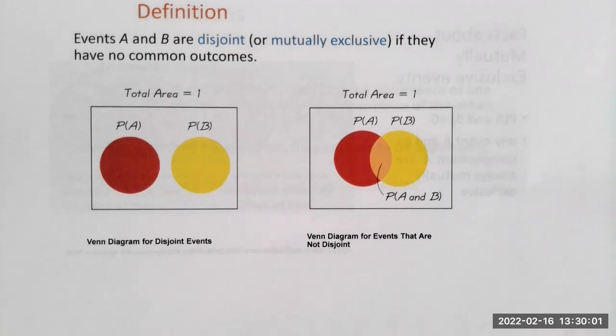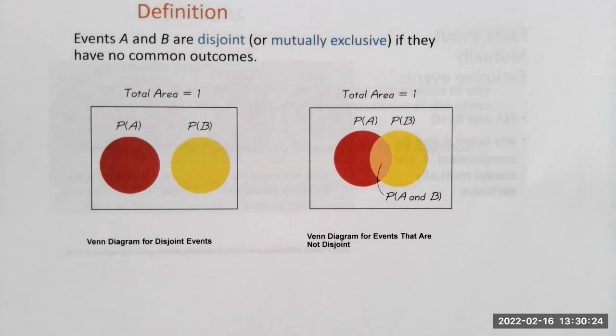So an example of two mutually exclusive events would be when rolling a die, getting an even number. That's one event. And the second event would be getting a 3 when rolling a die. Those events are mutually exclusive. They don't have overlapping parts.